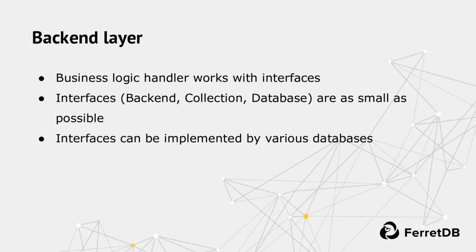So we decided that the handler can be the same for all the storages, and the business logic in the handler can work with interfaces. Then we just need to define and implement those interfaces. In our case, it's enough to have a backend interface for common things, a collection interface, and a database interface to work with smaller things. Those interfaces can then be implemented by various databases.